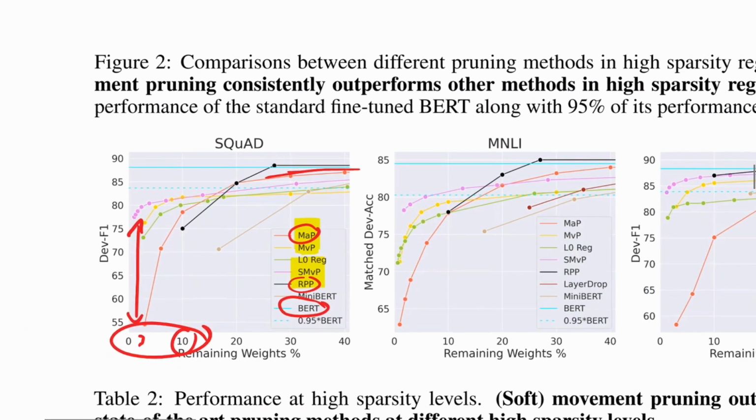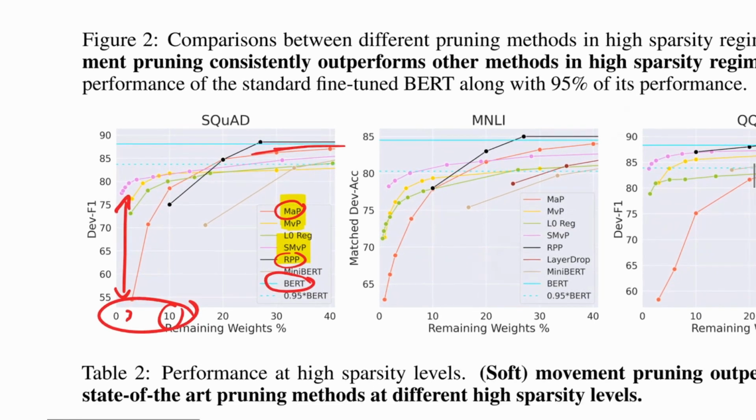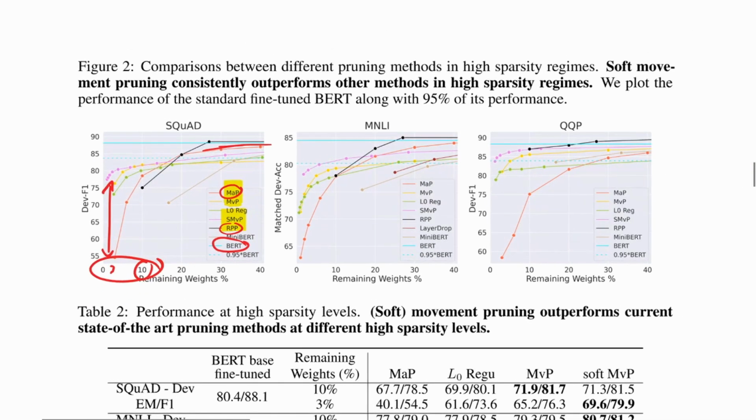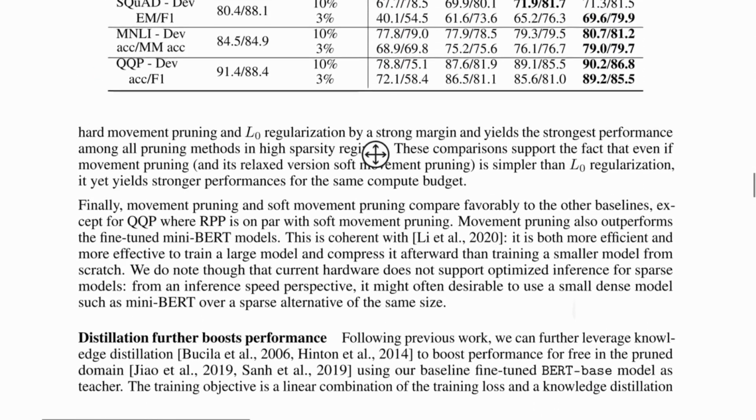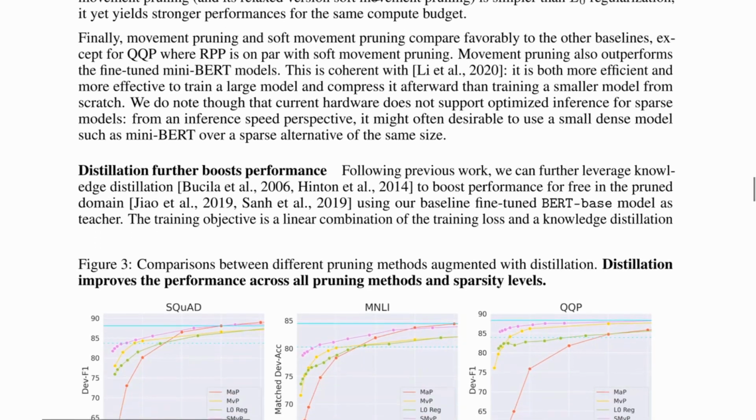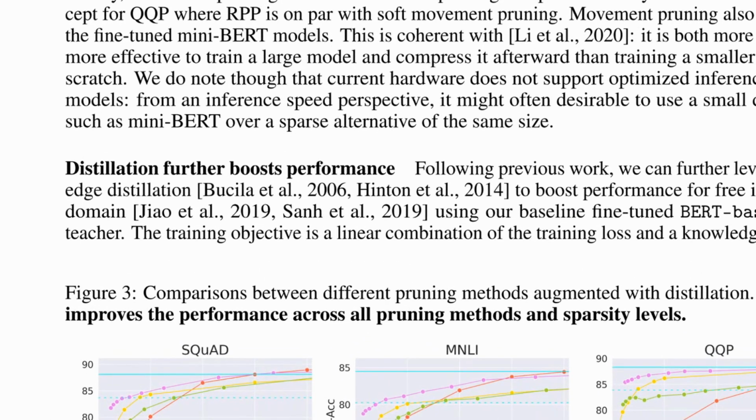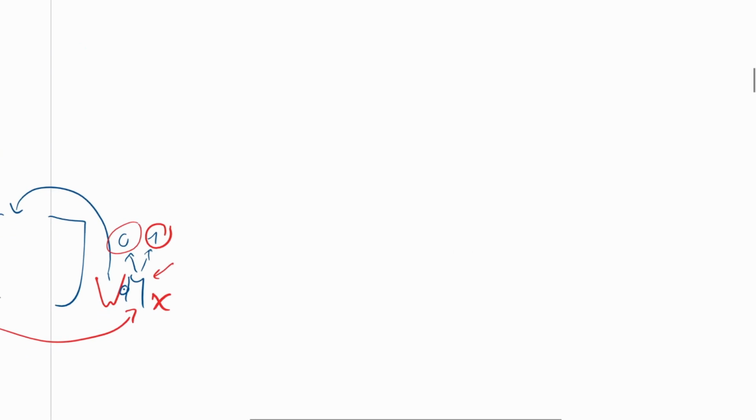Okay. Now they do discover, and this happens in all of these tasks, as you can see right here, that if you then distill the model further, so in distillation, this is yet another technique that you can use to boost the performance of the transfer-learned model.